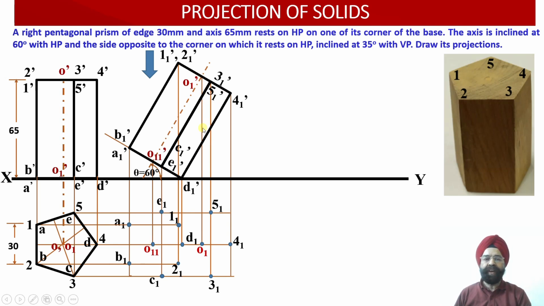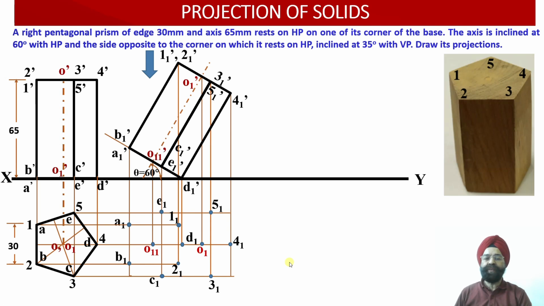If I draw a vertical projector line through O1 dash, wherever it intersects with this horizontal line drawn through the point O, we will be obtaining point O1 over here. So now all the 12 points of the top view projection corresponding to this inclined pentagonal pyramid have been obtained.